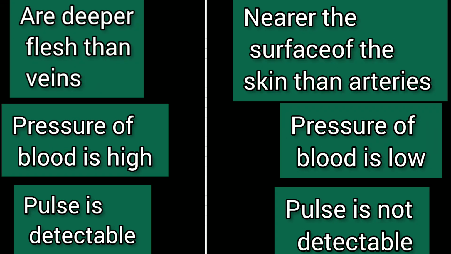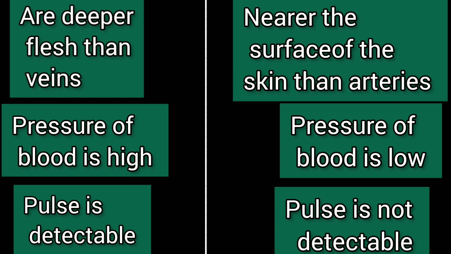Arteries are deeper in flesh than veins. Veins are nearer the surface of the skin than arteries. Arteries' pressure of blood is high.